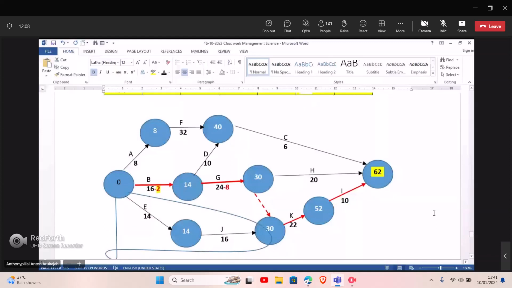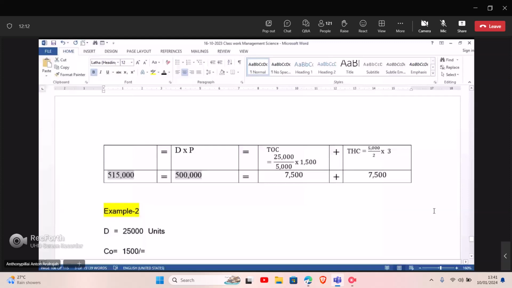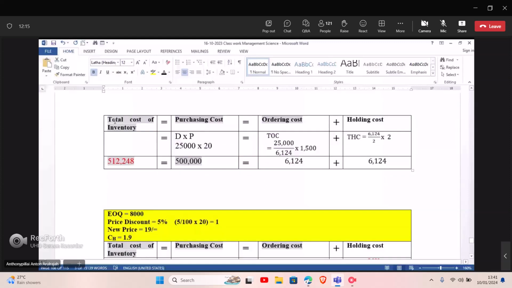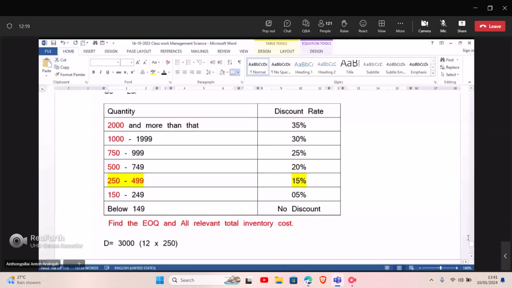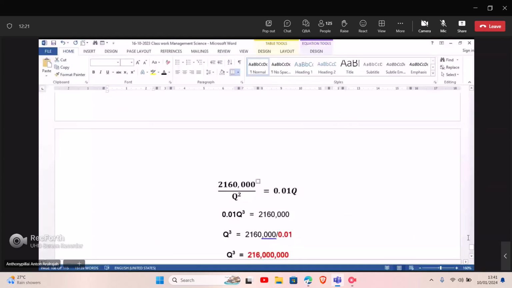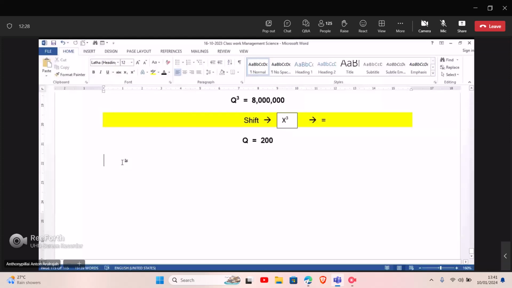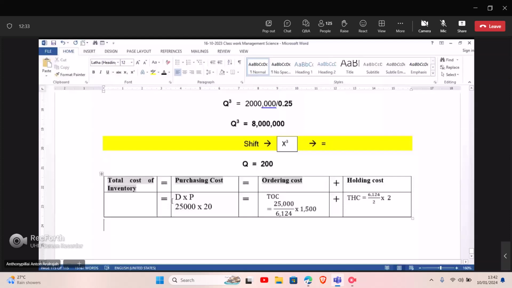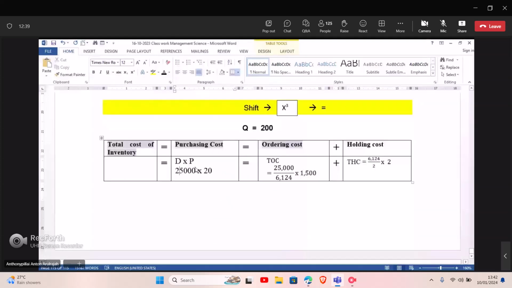Here the purchasing cost is 8 into D, that is 80.